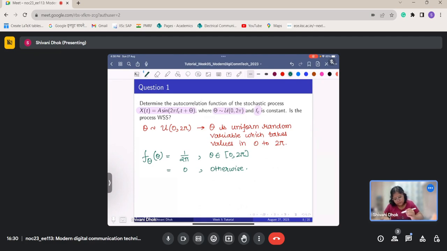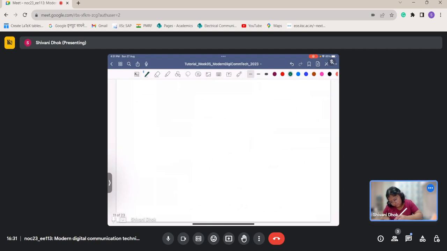So what we need to find is, we have this stochastic process X(t) equal to A sin(2 pi fc t plus theta), and it is said that A is constant and fc is constant. These both are constant, and theta is a random variable.